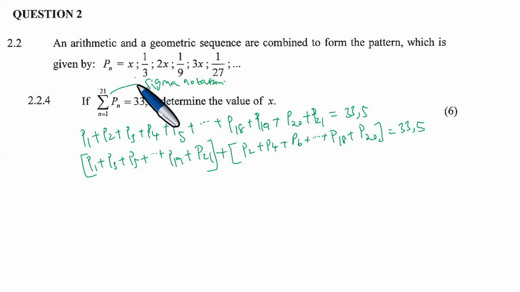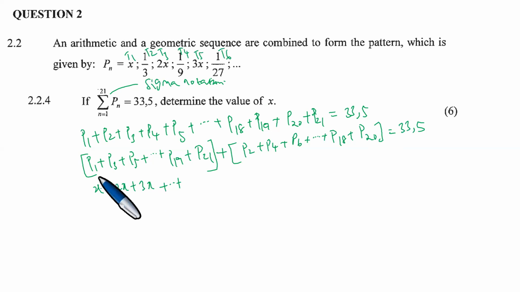We start with the odd-numbered ones: T1, T2, T3, T4, T5, T6. P1 is x, P3 is 2x, P5 is 3x.